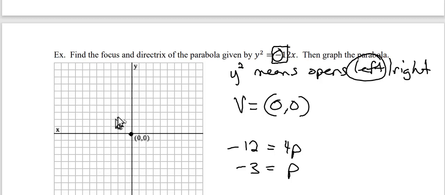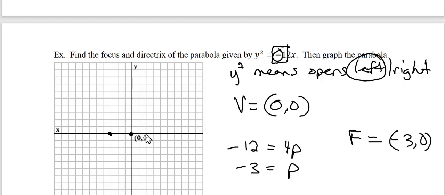Because it opens left and right, my focus will be to the left. The vertex curves around the focus, kind of similar to the behavior that you see on the hyperbola. So we're going to go 1, 2, 3 spaces here. That means my focus will be at negative 3, 0.